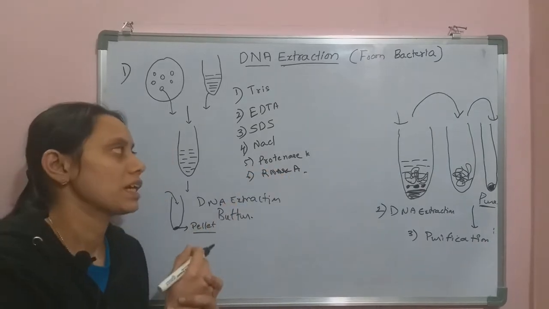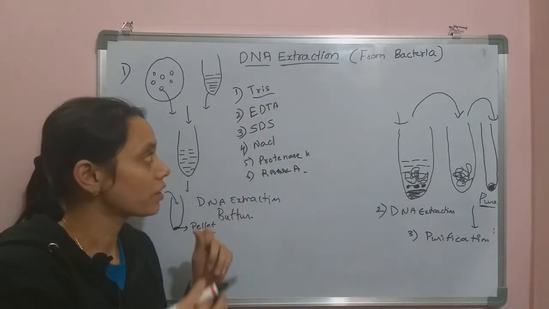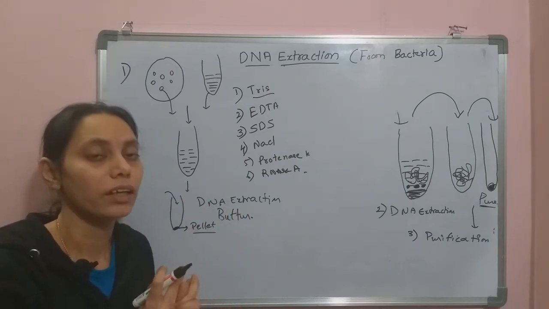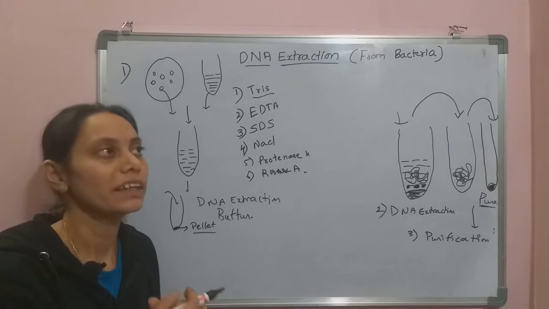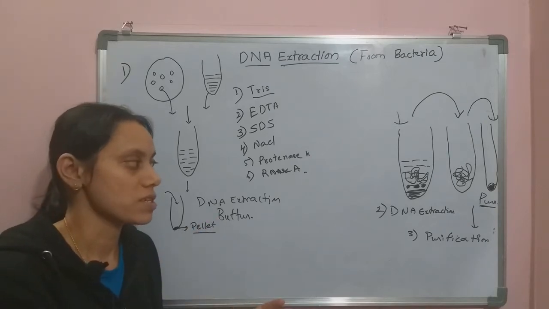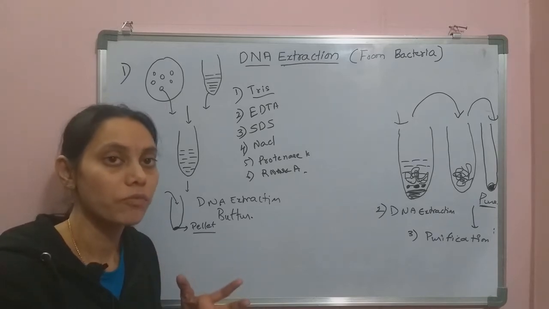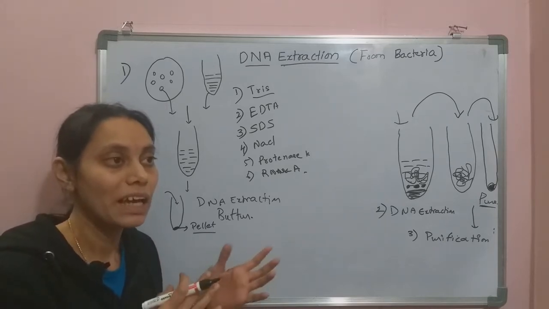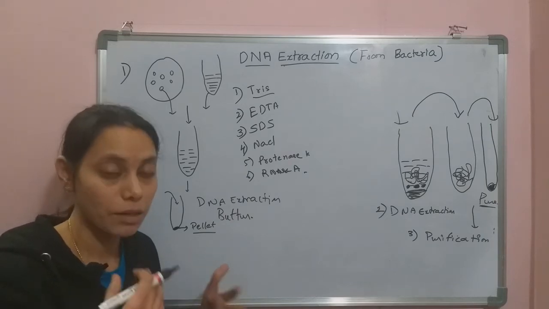First we are going to use Tris salt. This Tris salt is basically used for buffering action. Throughout the process, all these chemical reactions with the DNA may cause physical damage because of rapid changes in the pH and temperature changes.